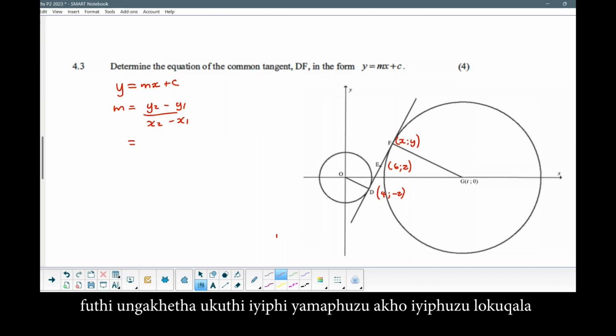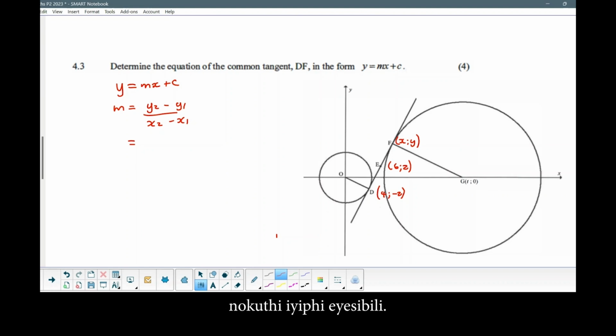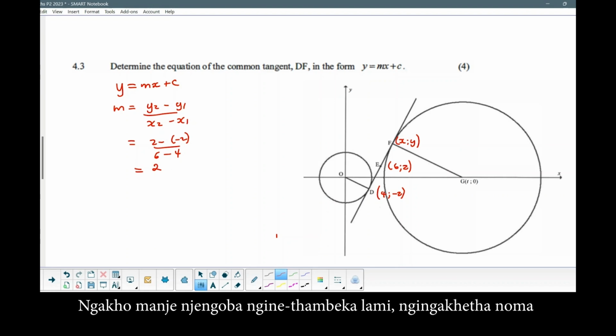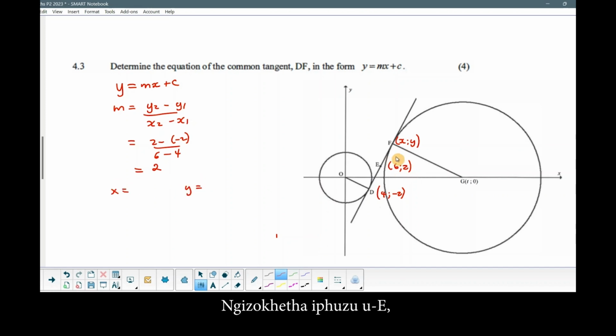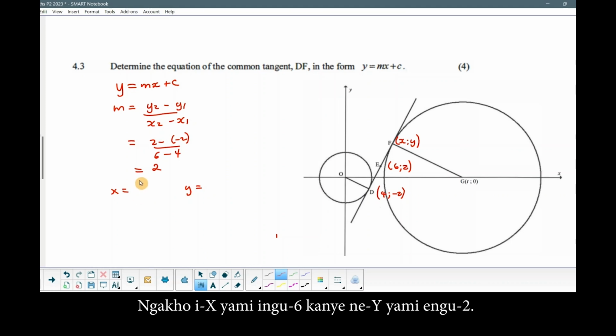You can choose which of your points is your first point and which is your second. So I'm going to go 2 minus negative 2 over 6 minus 4, and I end up with a gradient of 2. Now that I have my gradient, I can choose either D or E as my x value and my y value. So I'm going to choose point E, so my x is 6 and my y is 2.